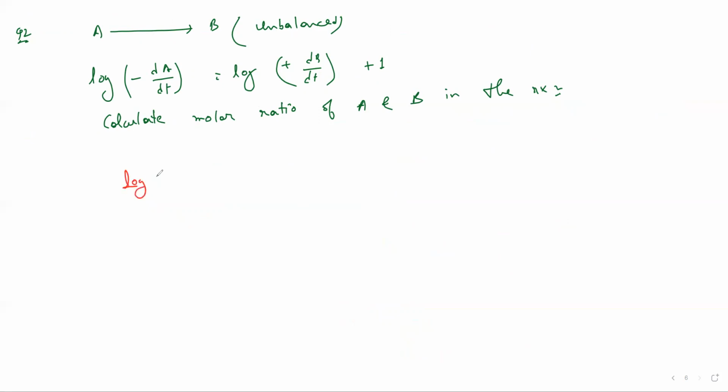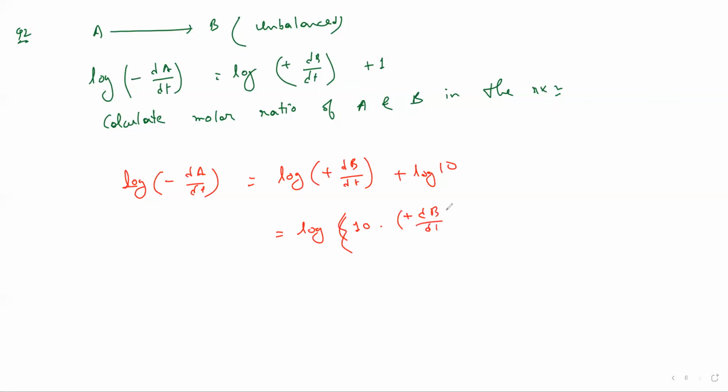How can you solve? Log of minus dA by dt equals log of plus dB by dt. Log 10, so log 10 into dB by dt equals log of minus dA by dt.